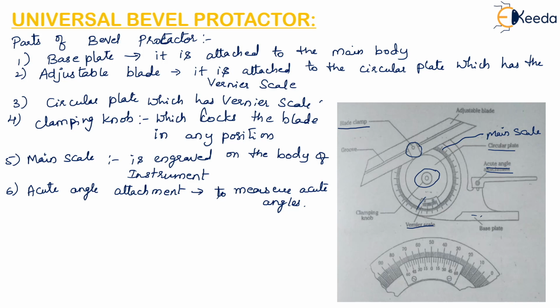So this adjustable blade along with the circular plate containing the vernier can rotate freely about the center of the main scale engraved on the body of the instrument and can be locked at any position with the help of a clamping knob. So this can slide freely along this groove and it can rotate freely around the main body of the instrument. So with the help of this blade itself, we are going to measure the angles.